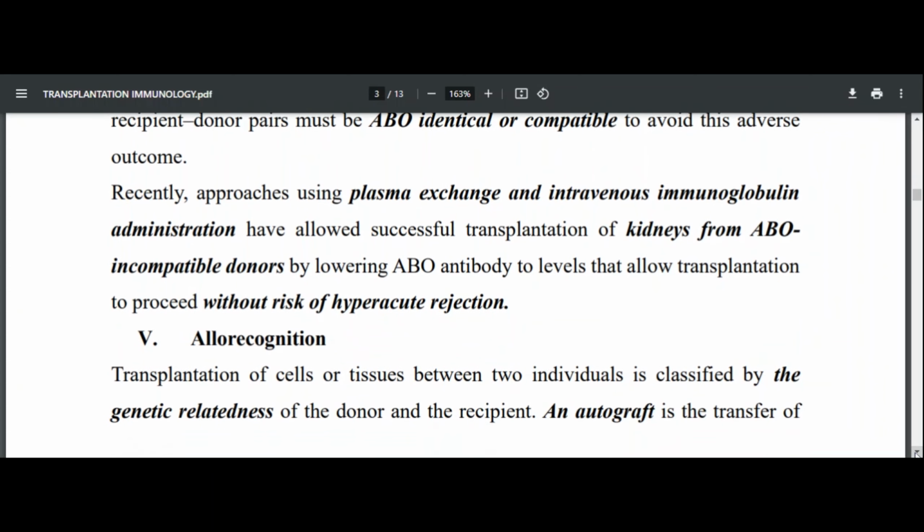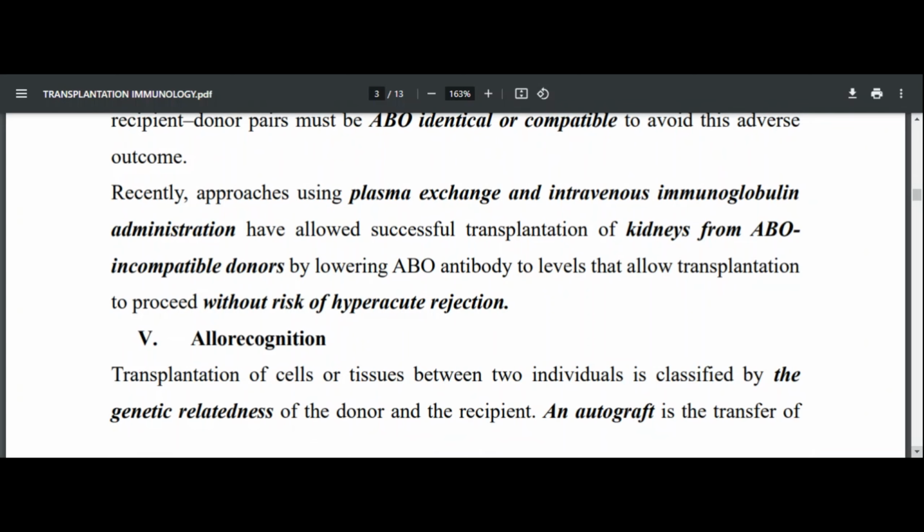Some recent approaches using plasma exchange and intravenous immunoglobulin administration have allowed successful transplantation of kidneys from ABO-incompatible donors by lowering ABO antibody levels so that transplant can proceed without risk of hyperacute rejection. Plasma exchange and intravenous immunoglobulin administration try to remove the antibodies that can mediate hyperacute rejection, especially those against ABO antigens.